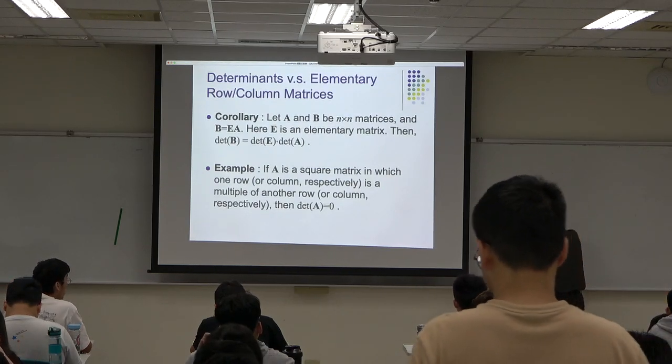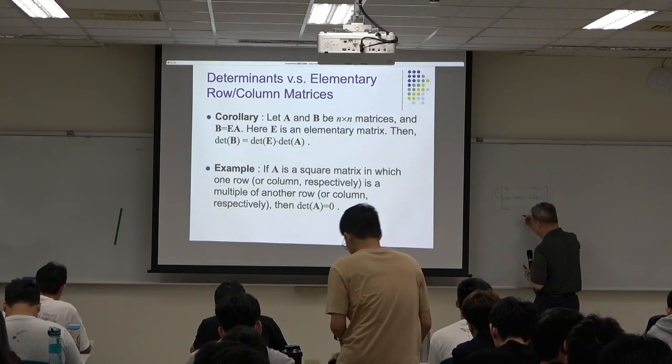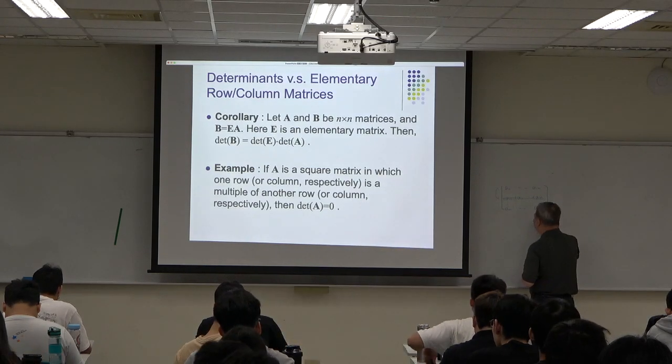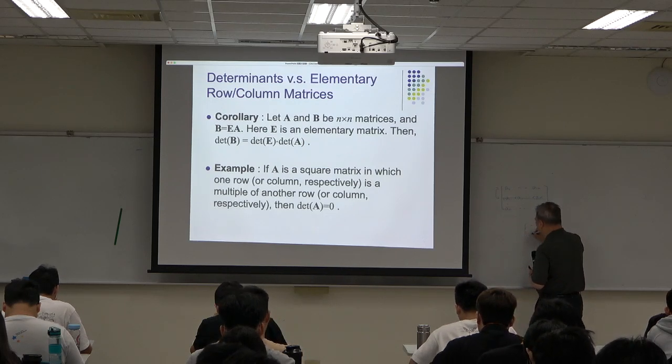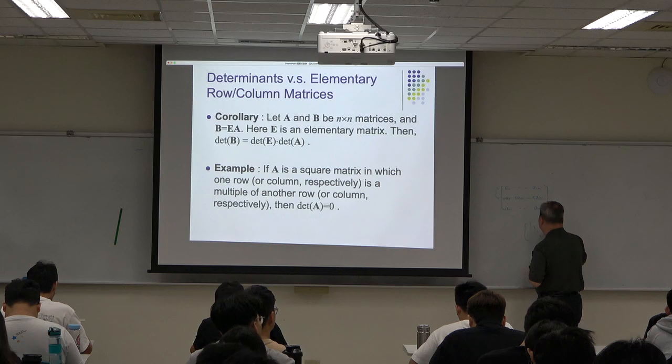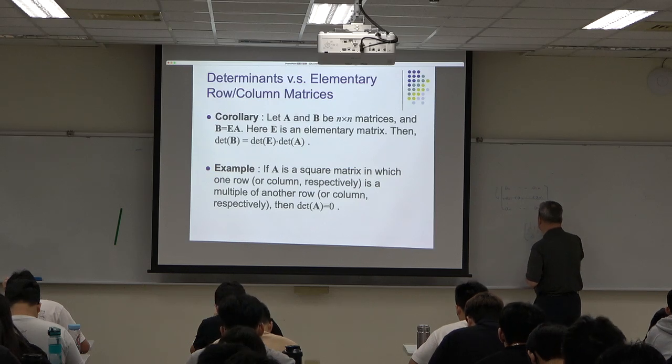So what you are doing is you multiply negative C to some row here.